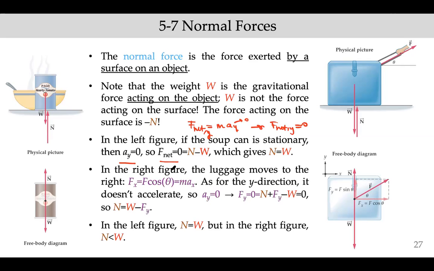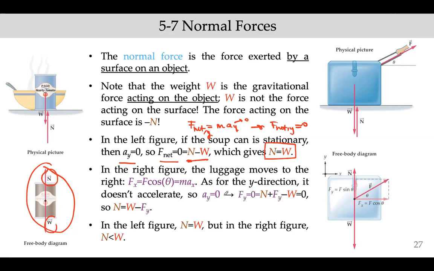What are the forces? Let's write down the forces. Here's the free body diagram. If you choose the up direction to be positive, the normal force will come with positive sign, and the weight comes with negative sign. So this is the F net, and if it's 0, then what you find is normal force equals weight.